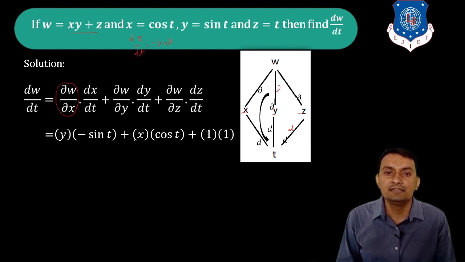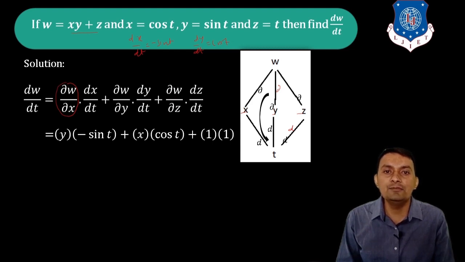And del w by del y is going to be x, since x is a constant, and dy by dt is going to be cos t.